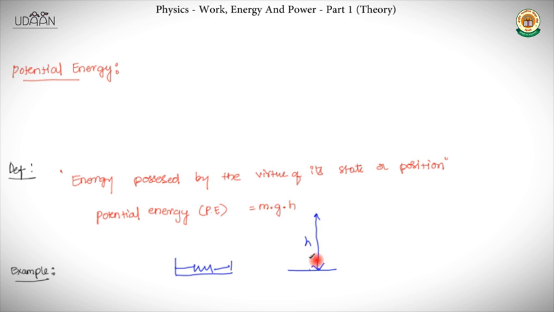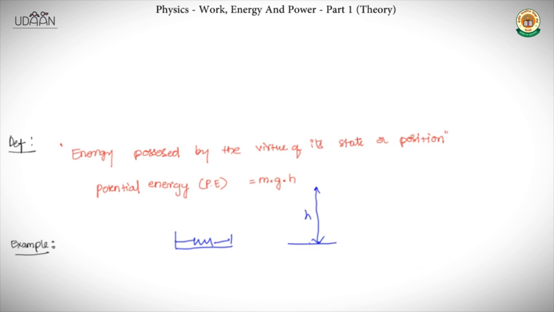So we can define potential energy as energy possessed by virtue of its state or position. For example, gravitational potential energy and spring potential energy are examples of potential energy.